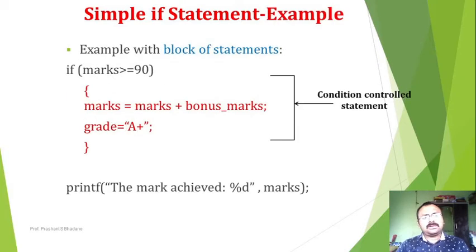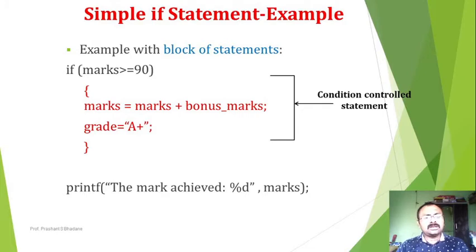Simple if statement, example with a block of statements: if marks greater than or equal to 90, then in curly brackets, marks equals marks plus bonus_marks, and your grade is A plus.